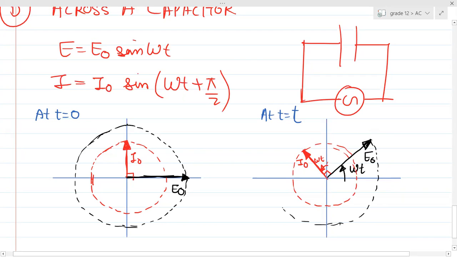Now it's almost the same, na? Is this clear, guys? Everyone understood these rotating phasors?